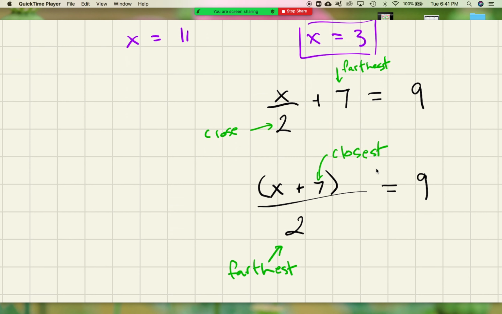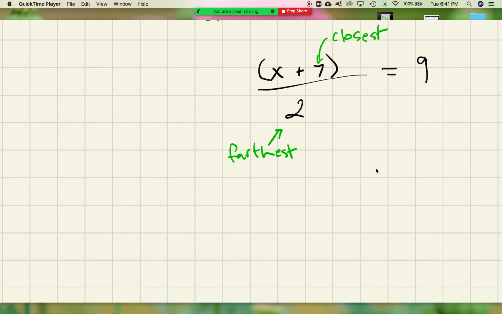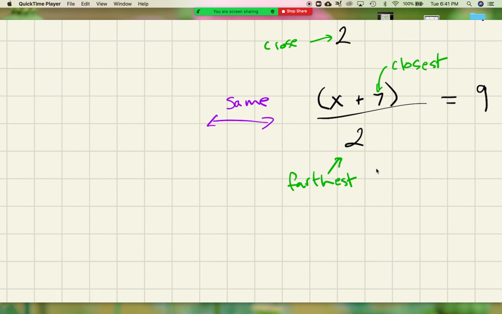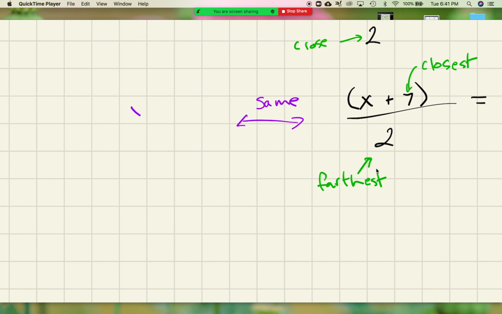One last thing, and then we'll just get into it. This is the same exact thing as x plus 7 without parentheses, as long as this division bar goes all the way underneath the x and the 7, equals 9.